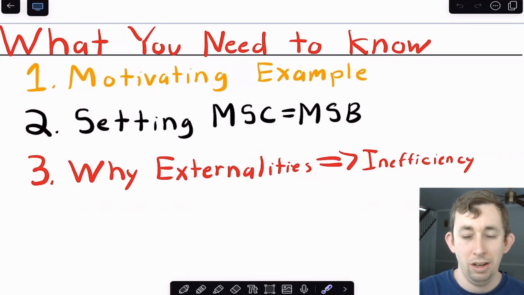So in the last video, we talked about benefits and costs that firms didn't necessarily think about when deciding how much to make, and that is what we call an externality. An externality is just any decision that affects someone else that we don't necessarily take into account just thinking about our own private decisions.